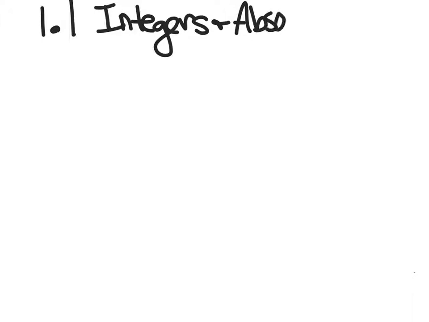So integers and absolute value. Okay, so the first thing that we're going to go over is some things in order to be ready for this section. So we will start with the definition of integers.